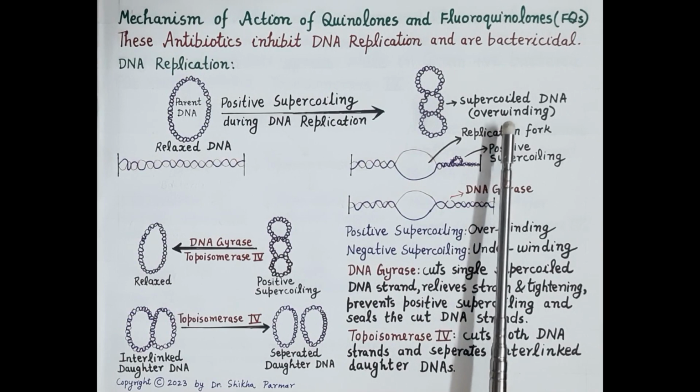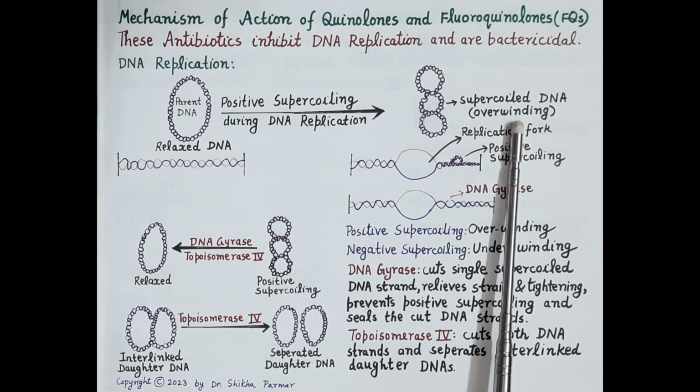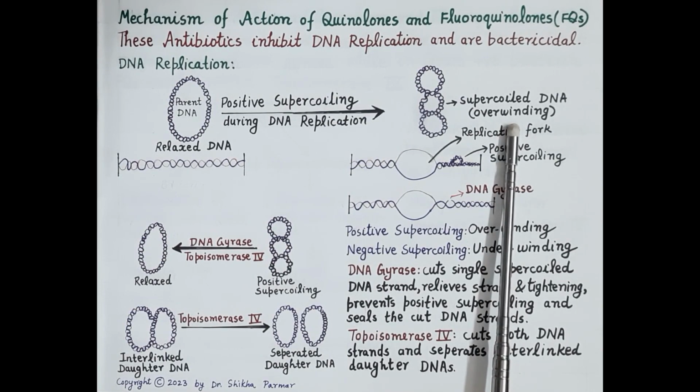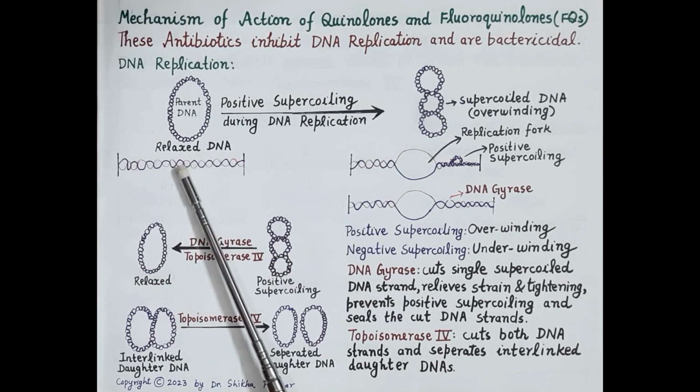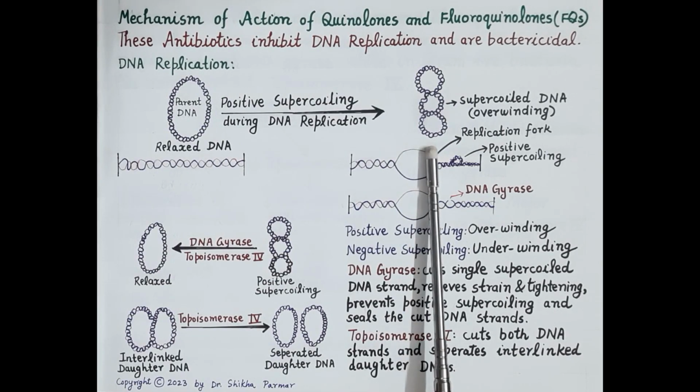So this is the supercoiled DNA. It has twisted around itself, and this twisting or coiling is termed positive supercoiling. So this relaxed parent DNA now gets positively supercoiled, and now the two DNA strands cannot be separated.